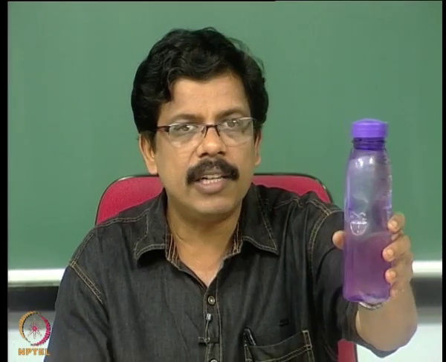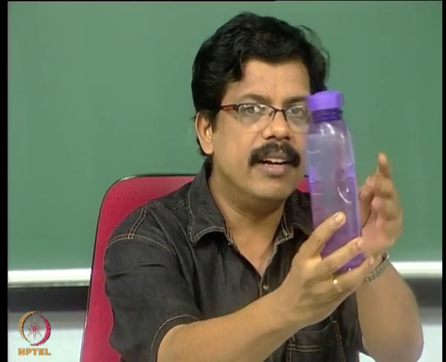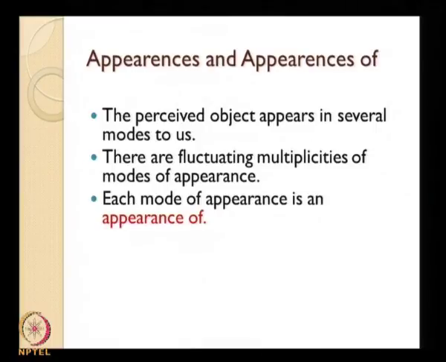This water bottle can be seen from this angle, from that angle, various angles, and it presents itself differently as I look at it from different perspectives. There are multiplicities of modes of appearance of this water bottle, but what is important is that each mode of appearance of this bottle is an appearance of this object.